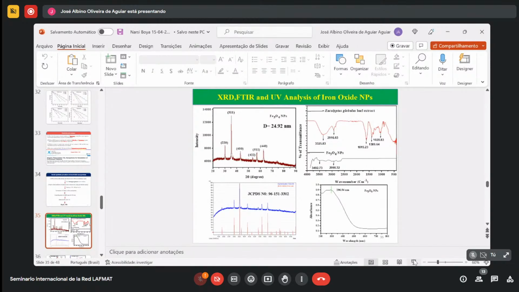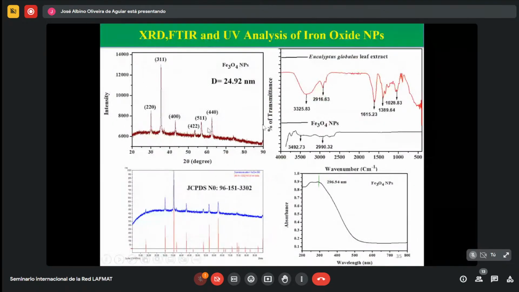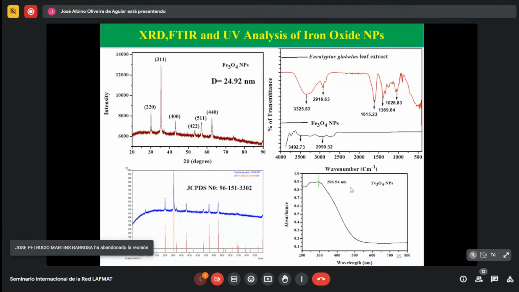Can you amplify the slide? It showed the 511 because this has two asymmetric peaks. Then you have magnetite and maghemite. Yes, amplify this 511.